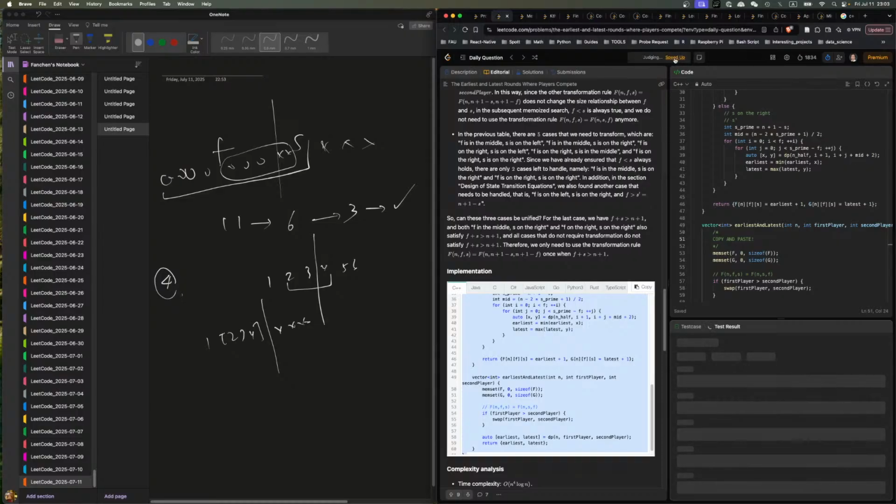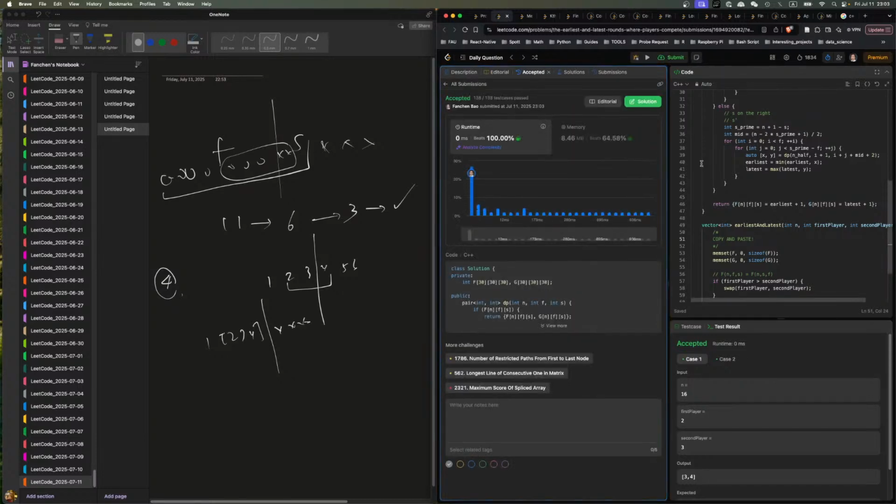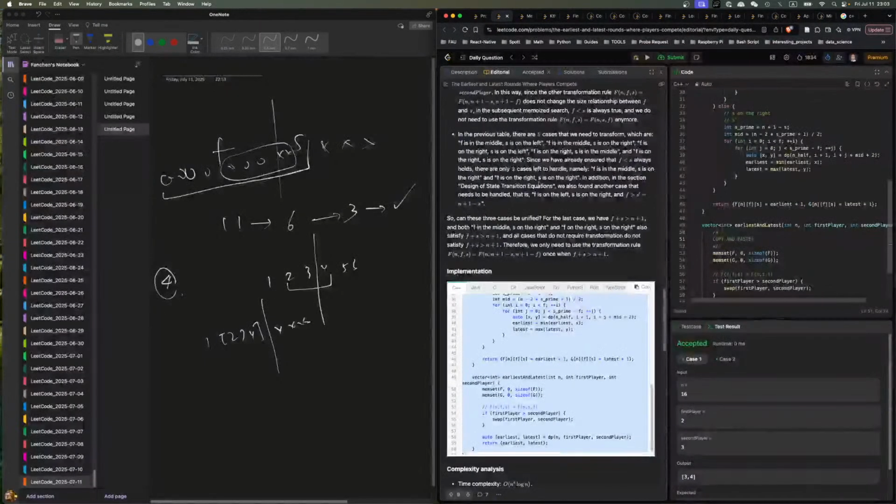I am interested in this one. I want to see how this one's done. Alright, that'll be it. I'll read through this.